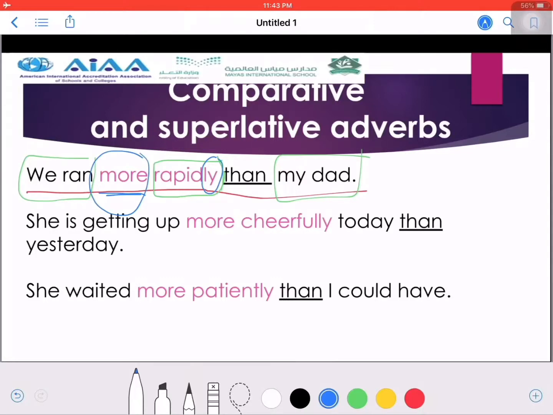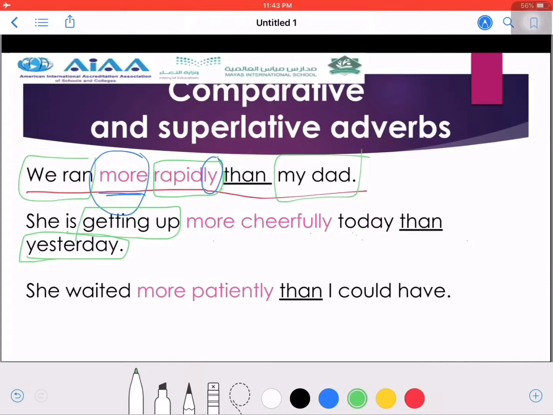Here, the second one. She's getting up. So the verb is getting up, right? More cheerfully than yesterday. Today than yesterday. So yesterday also, she got up, right?